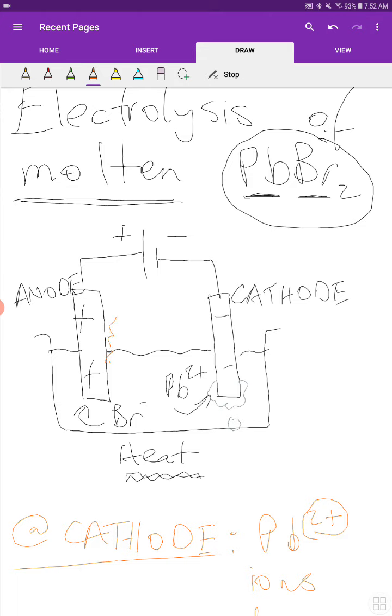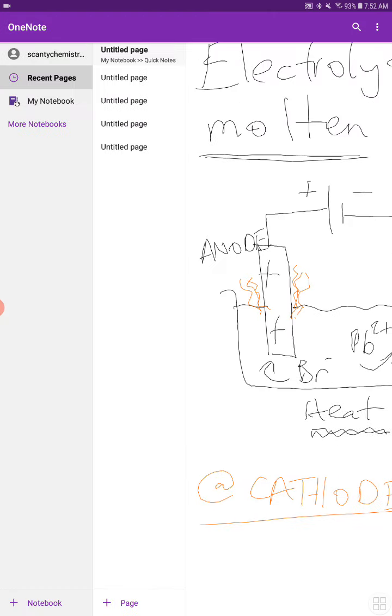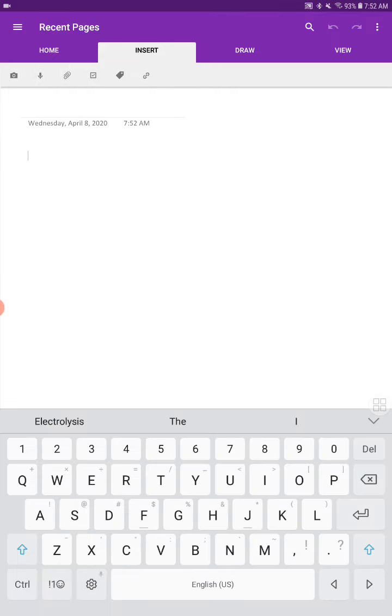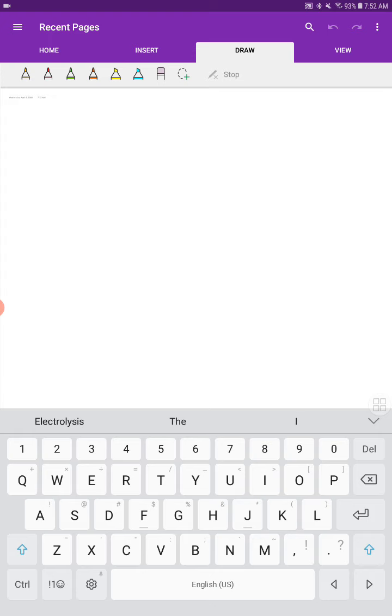Whenever we have a gas forming, we're going to see effervescence of a reddish brown gas around the electrode. Okay? So those are the main types of questions that you can get asked in a redox scenario, in an electrolysis question, specifically electrolysis of a molten electrolyte.